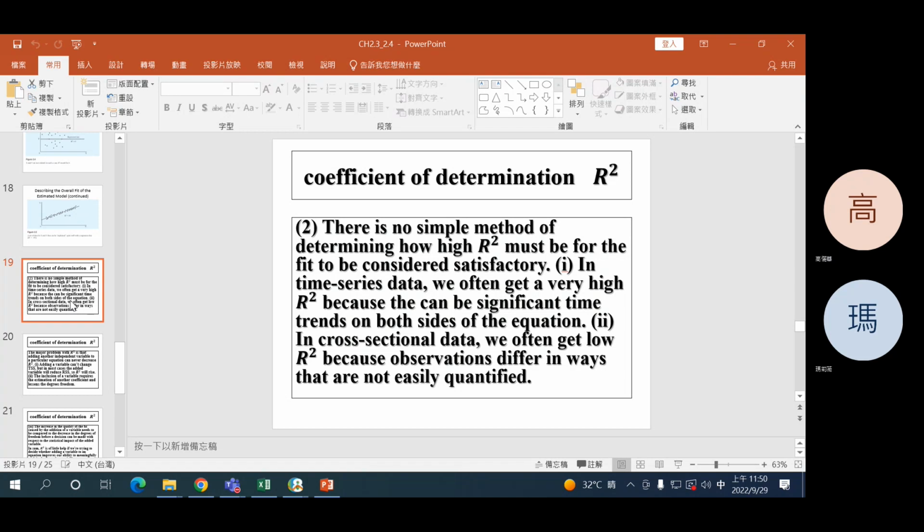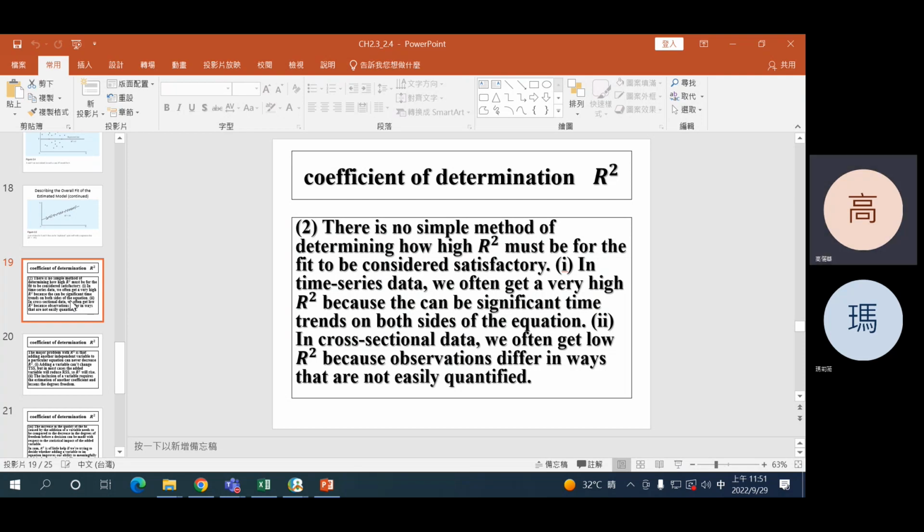So you ask me how high is high, how low is low? I would say that usually in the business world, if you have an R square of 0.5, 0.6, that is high enough.